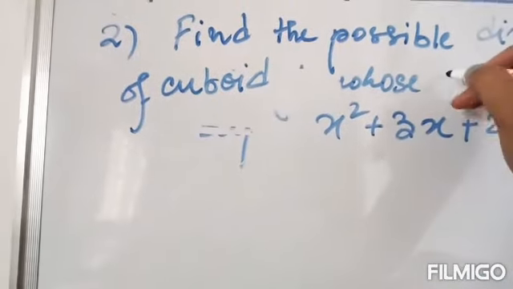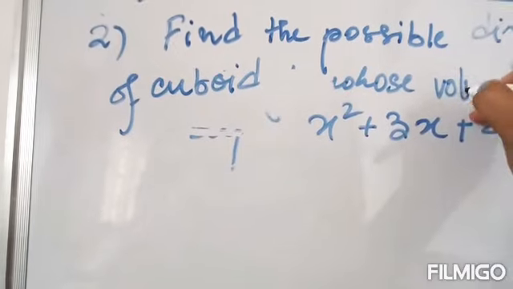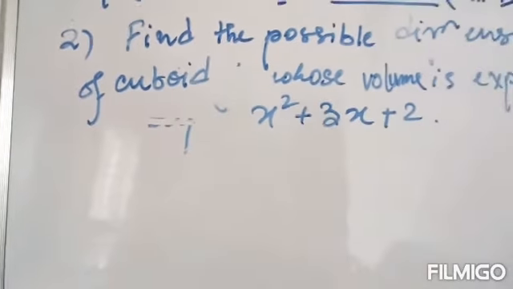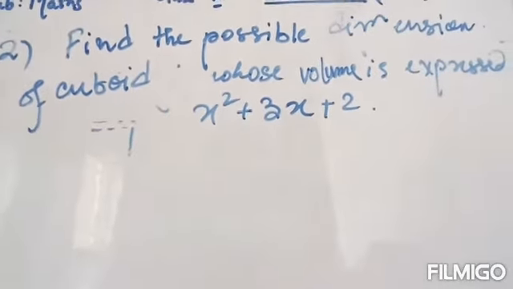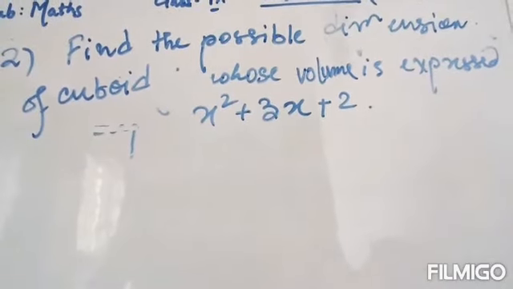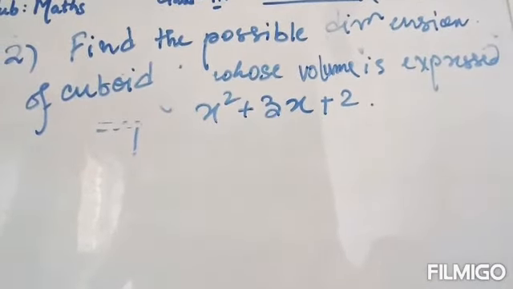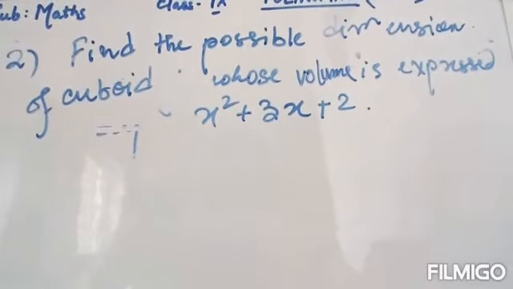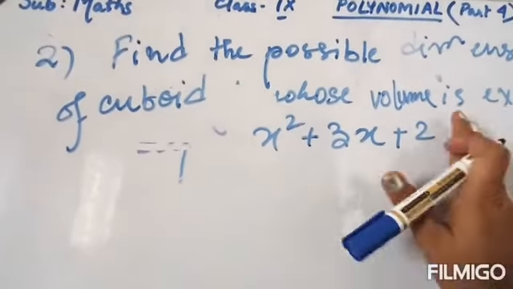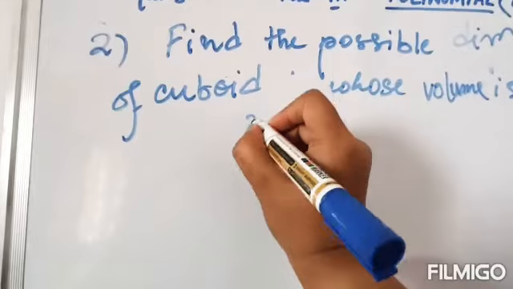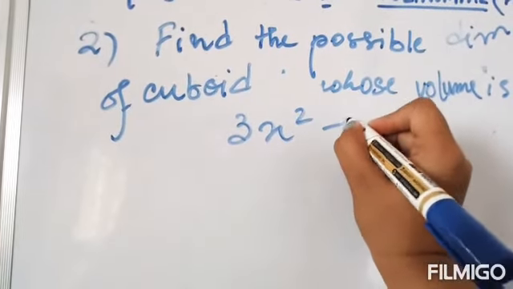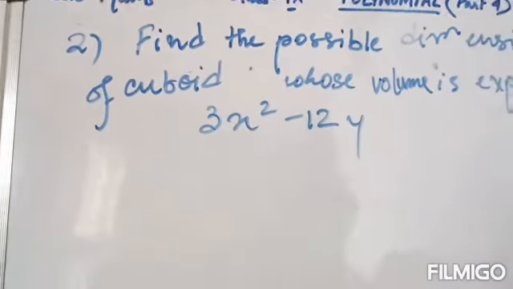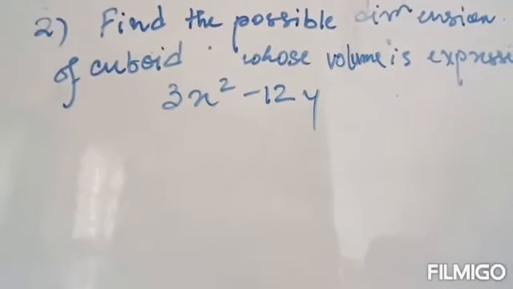whose volume is expressed by 3x square minus 12x. Okay, this is our problem.